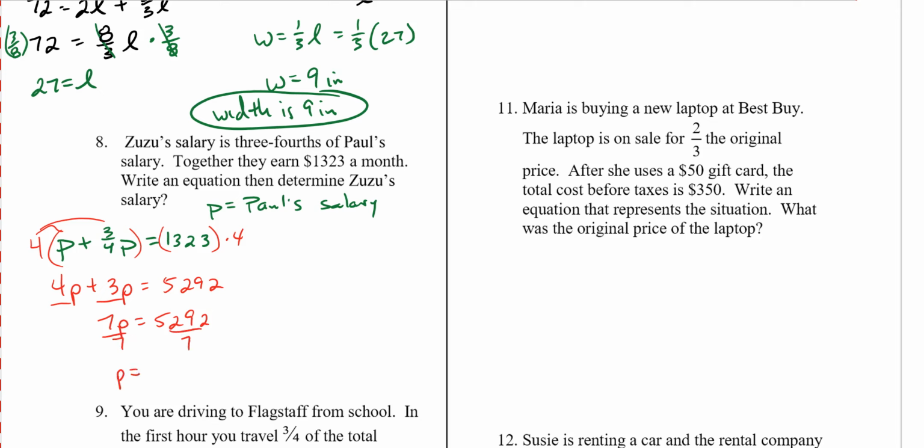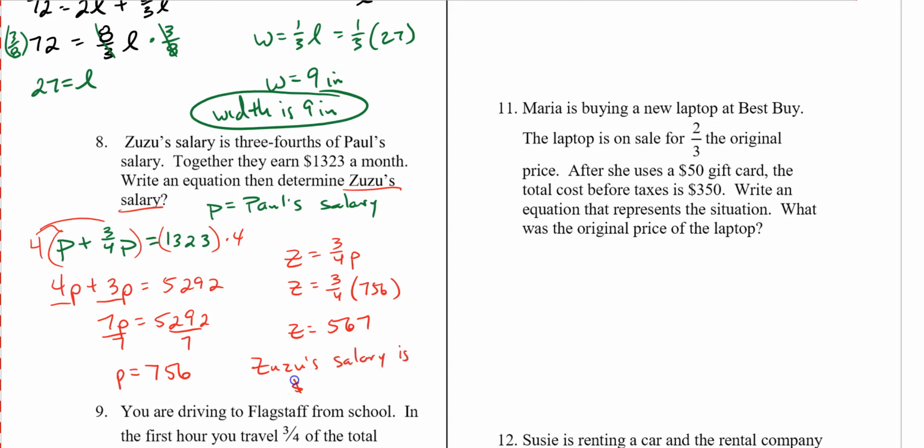P is equal to 756. That's Paul's salary, but again we're finding Zuzu's salary, and we know that Zuzu's salary is 3/4 of whatever Paul gets. So Zuzu gets 3/4 of 756, which means she gets a total of 567. So Zuzu's salary is $567.